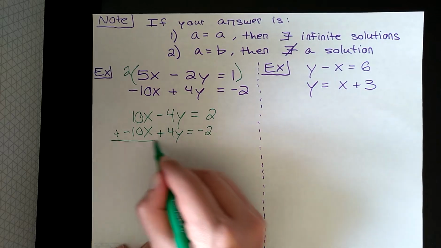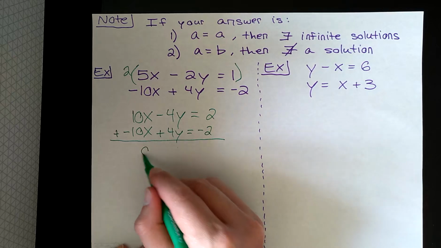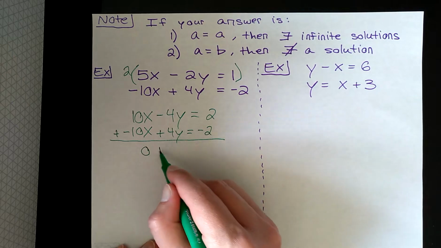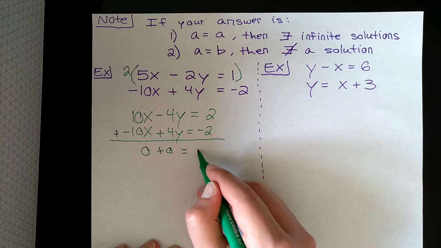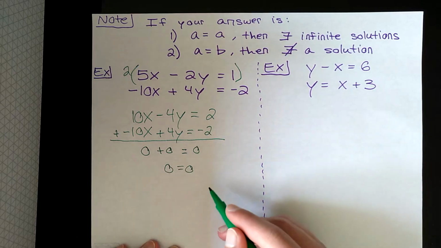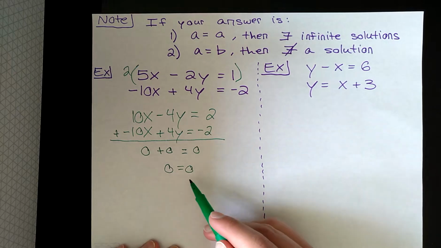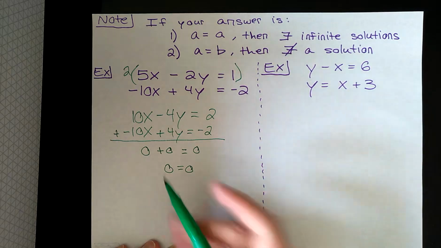If we add these equations together, 10x minus 10x gives us 0. Negative 4y plus 4y gives us 0. And 2 plus negative 2 gives us 0. So we have 0 equals 0. This will always be true, meaning this is our first case.